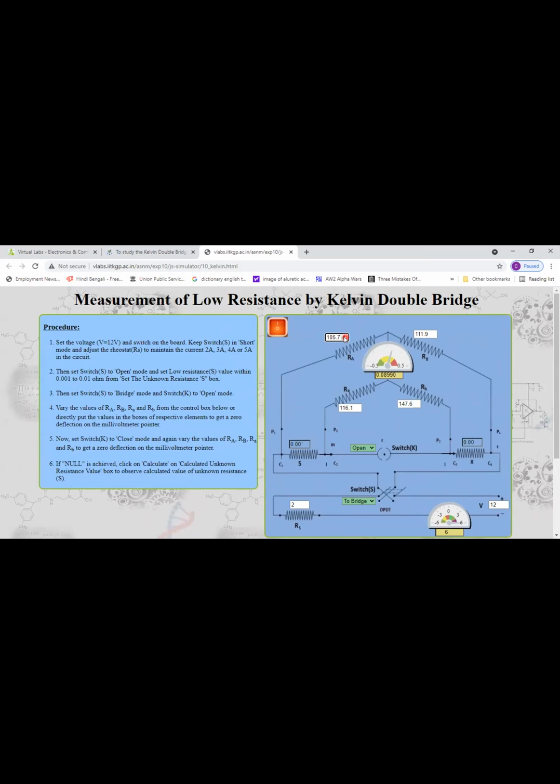Look, this is increasing, the deflection is increasing, so we need to decrease it. This is already 0.99. Now going to the decrease mode. You can see it is decreasing from 876 to 5. You have to decrease it at least two or three zeros.